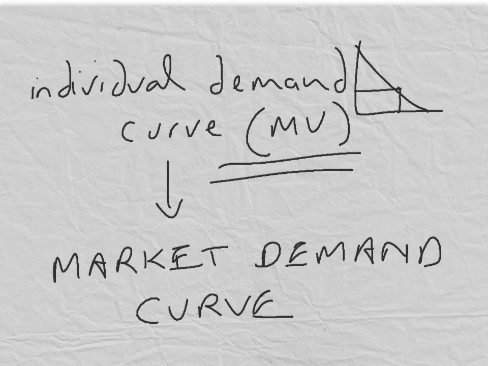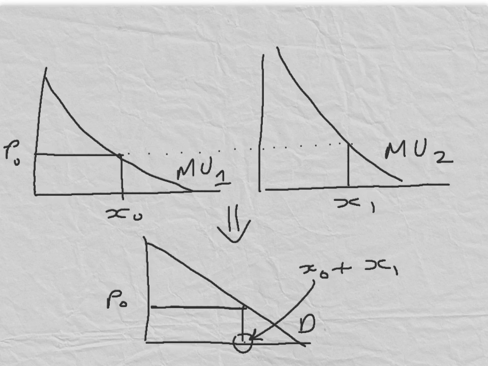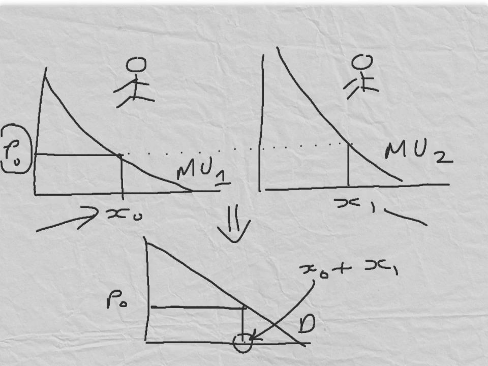We can go from this to what we call a market demand curve. So, if we imagine that there are now 2 consumers, 1 and 2, each one has their own marginal utility curve. If the price of the good is P0, the first person will stop consuming at X0, and the second person will stop consuming at X1.